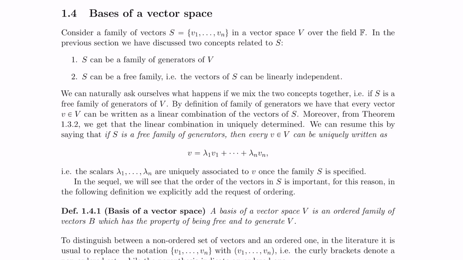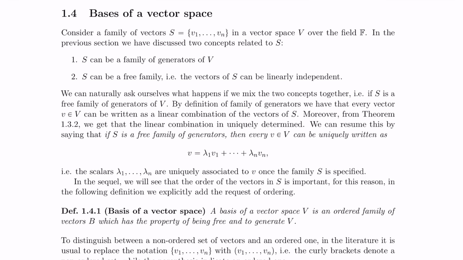To resume, if S is a free family of generators, then every vector belonging to the vector space V can be uniquely written as this linear combination here. That is, the scalars lambda 1, ..., lambda n are uniquely associated to the vector v once the family S is specified. In the following examples, we're going to see that also the order of the vectors in S is important.